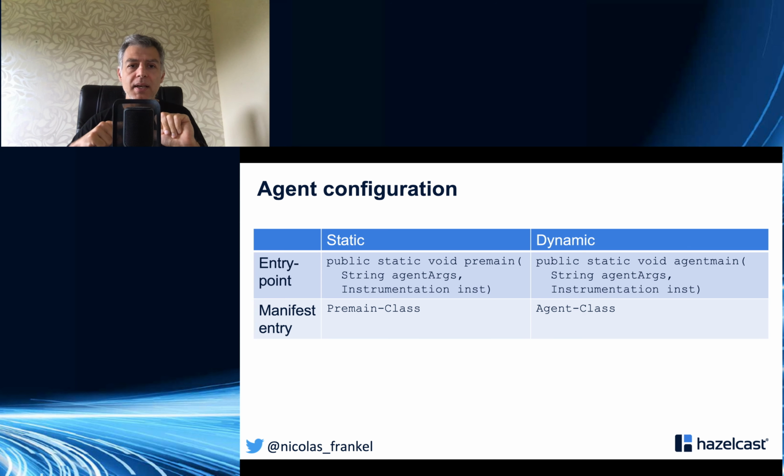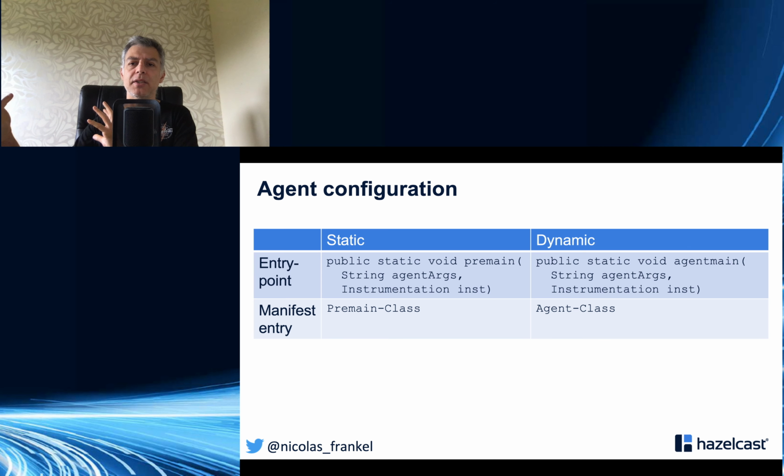Here it's the same. It's a premain method, and it accepts an array of strings as well, and also an additional interface that will be provided by the JVM called Instrumentation. I will talk about it in just a few moments.